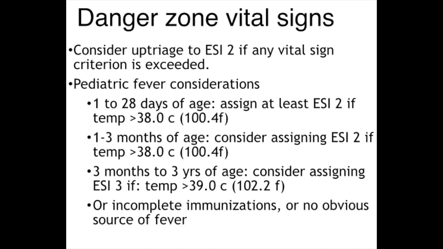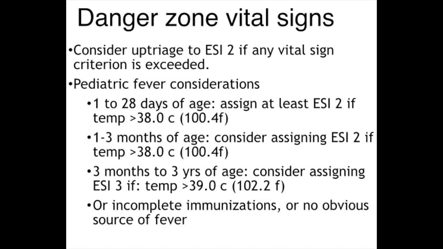So some of your danger zone vital signs that you'll want to consider upgrading to an ESI 2 is if your pediatric patient, 1 to 28 days of age, has a temperature of above 100.4 Fahrenheit. If your 1 to 3 month old baby has a temperature above 100.4, you also want to consider ESI 2.